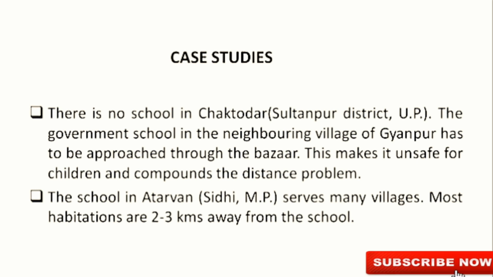Another case study is the school in Adarwan, Siddhi, Madhya Pradesh, which serves many villages. Most habitations are 2 to 3 kilometers away from the school. These are all the problems of schools in remote areas, where the students are very far from the school.